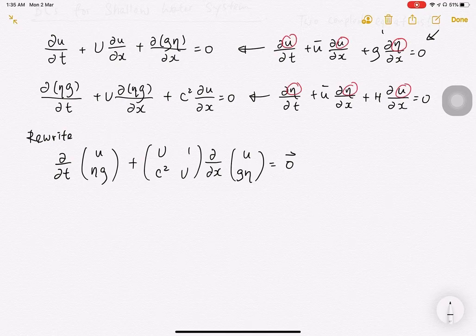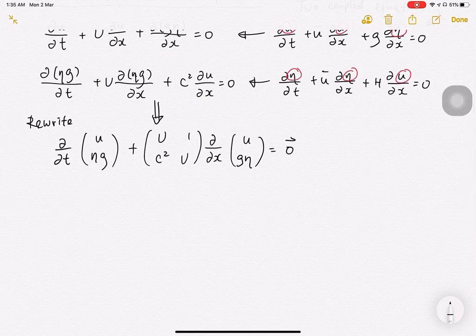Okay, we are rewriting these two into the matrix form, and this is the same form as the advection equation.